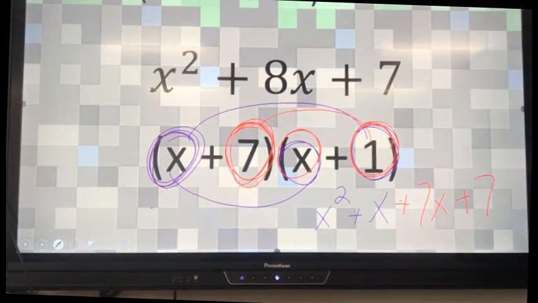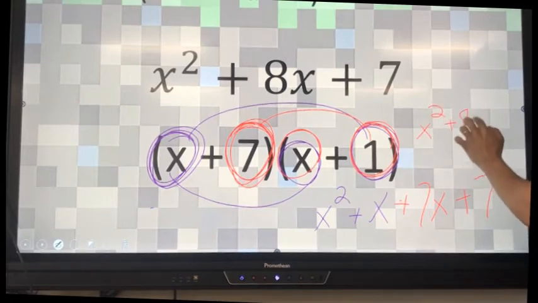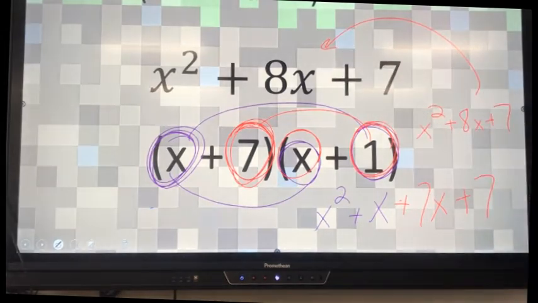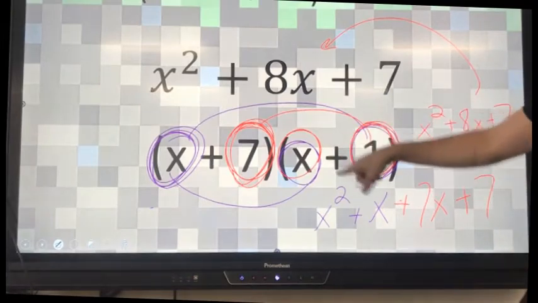Now combining my like terms, I get x squared plus 8x plus 7. Is that what I originally started with? It is. So that's a way you can check your factors to see if it comes back to the original polynomial. Like I said, factoring is the opposite of distributing, which is what we're doing here.